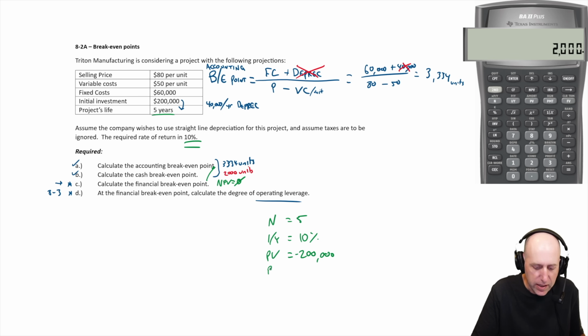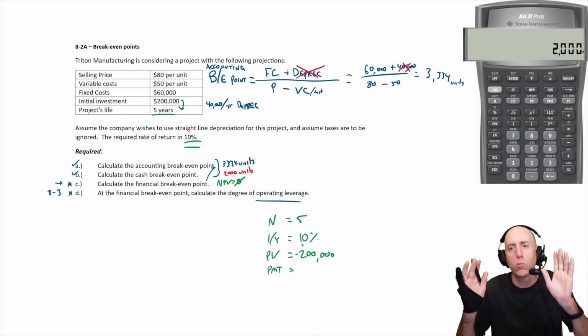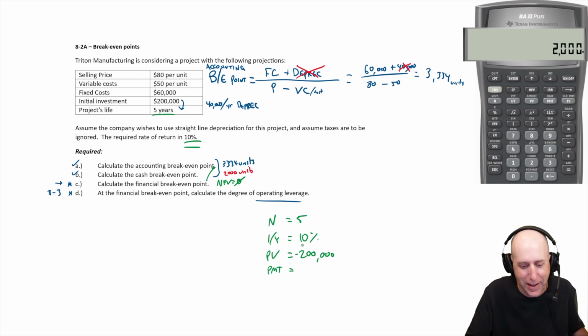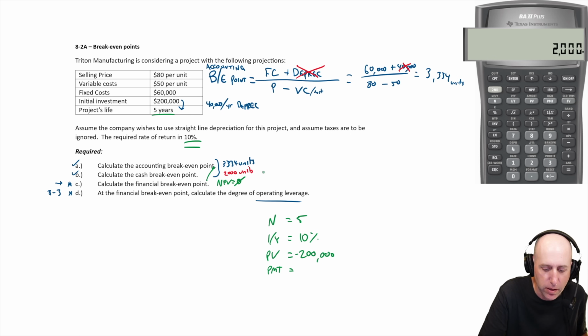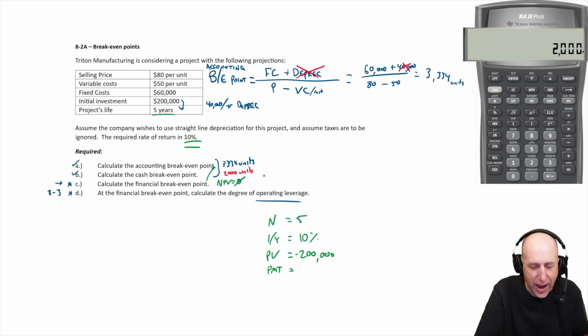Our PMT, that's what we don't know. Oh, by the way, sorry, what are we solving for right now? I didn't say that. We're going to calculate the operating cash flows required to have NPV equals 0.